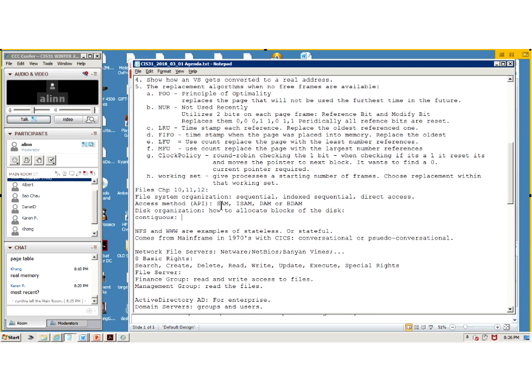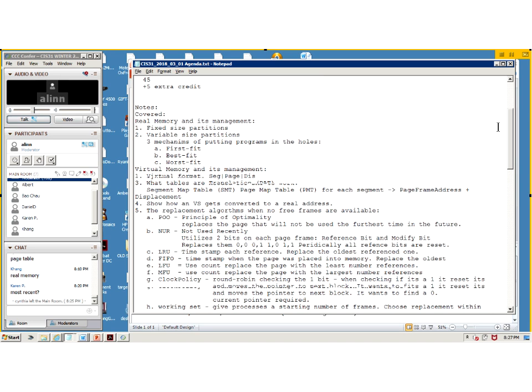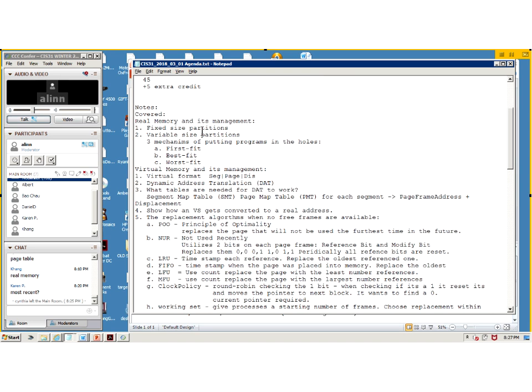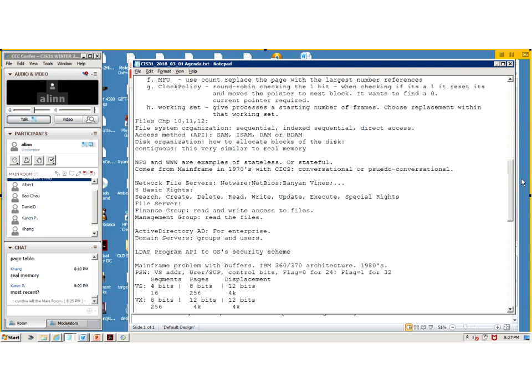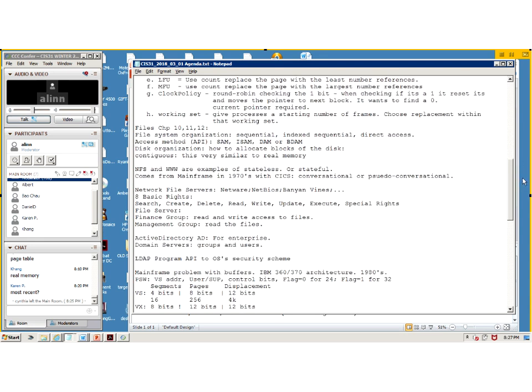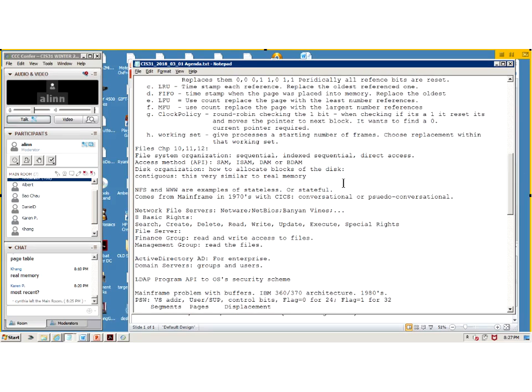Remember, in contiguous allocation, this is very similar to real memory, this guy up here. Fixed size partitions, and it would be variable size partitions for your blocks of data. And you have very similar issues.